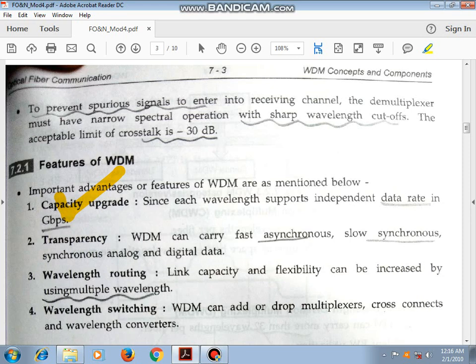Because of this, capacity upgrading is possible if we use wavelength division multiplexers, since each wavelength supports an independent data rate in Gbps. So you are able to transmit the data at Gbps speed.